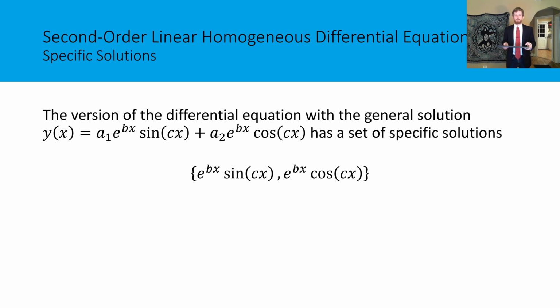The version of the differential equation with the general solution that we just mentioned has a set of specific solutions presented here. What's unique about this set of specific solutions is that the general solution is a linear combination of these two specific solutions.